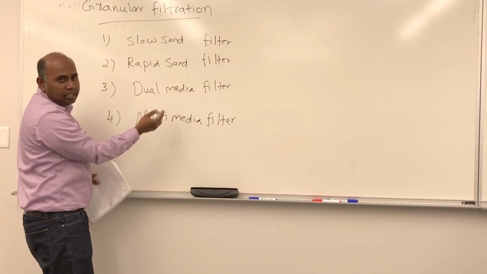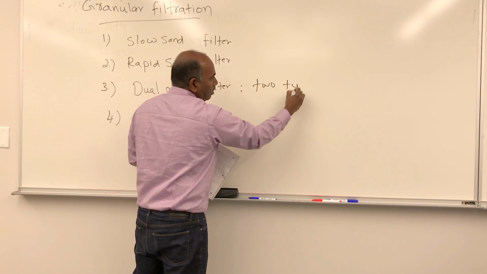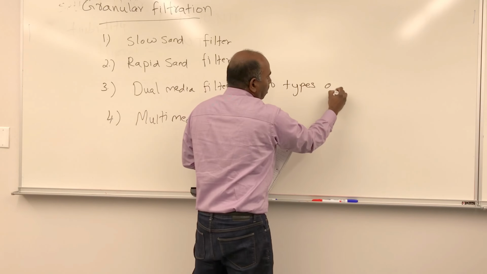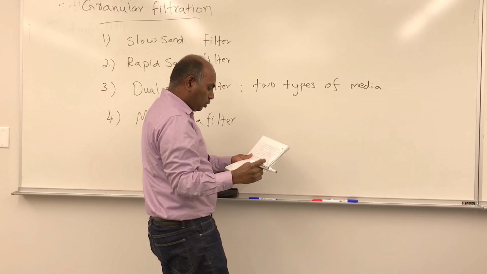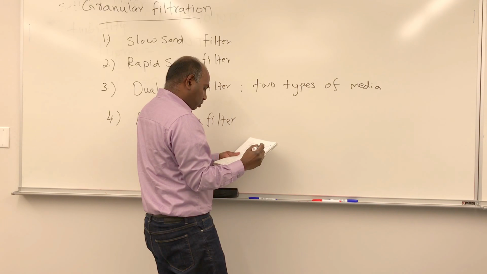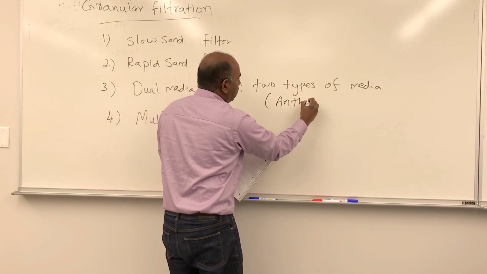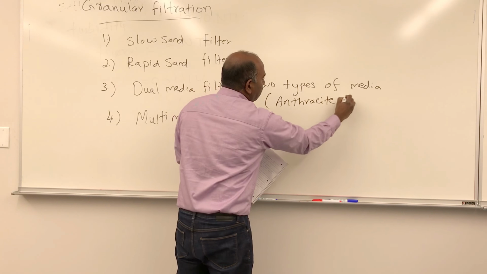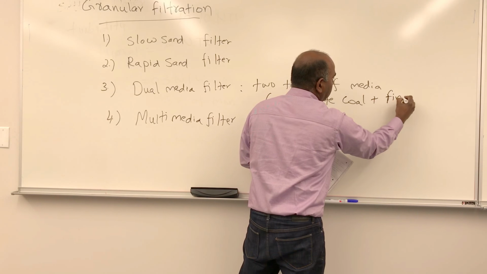Dual media, as the name implies, has 2 types of media. For example, you can have anthracite coal plus fine sand.